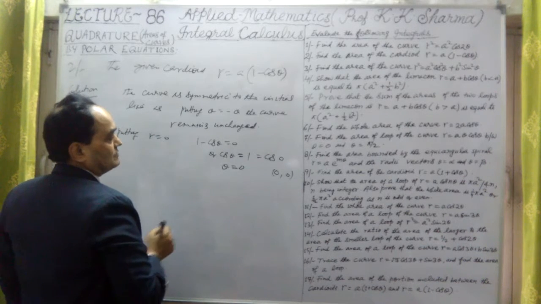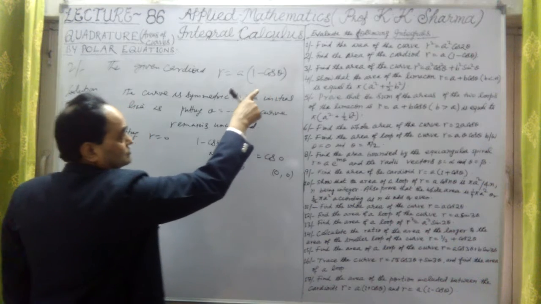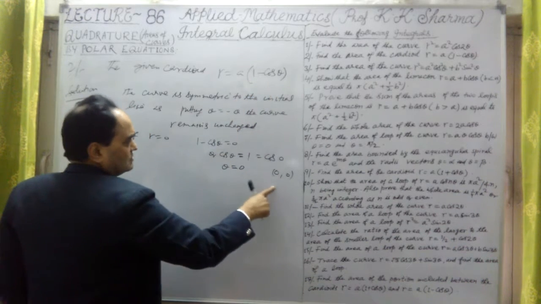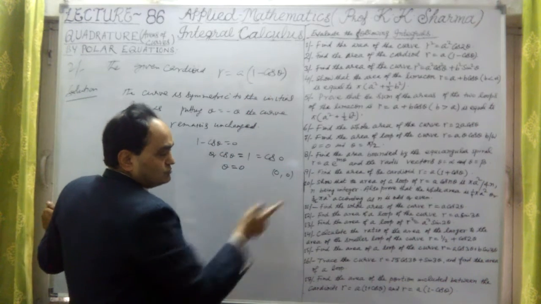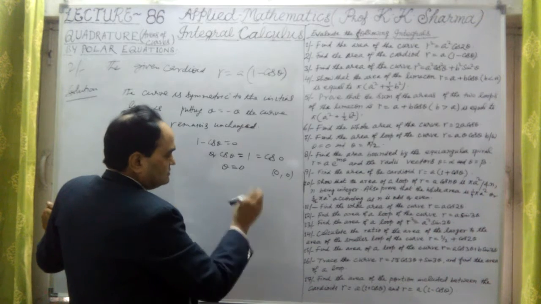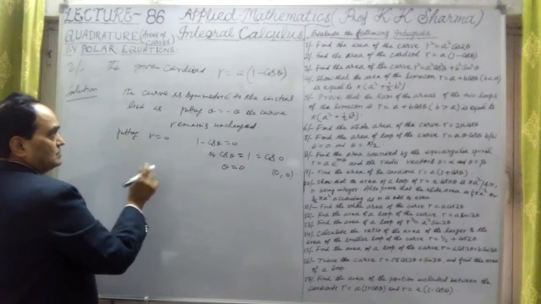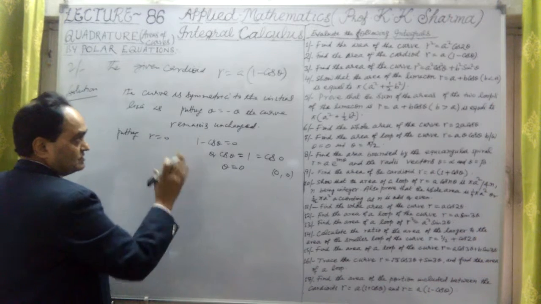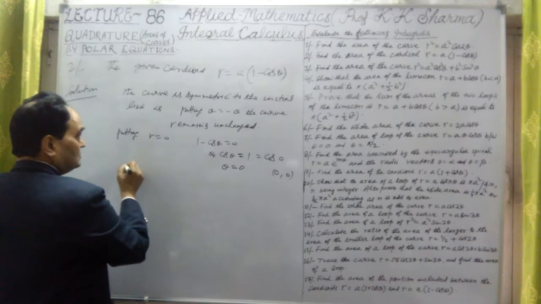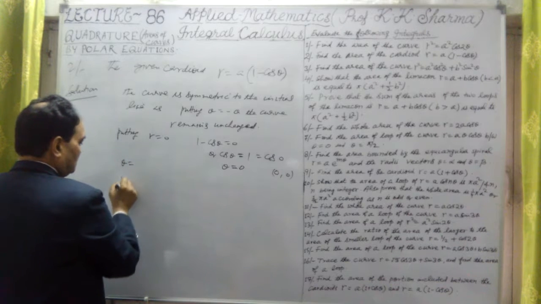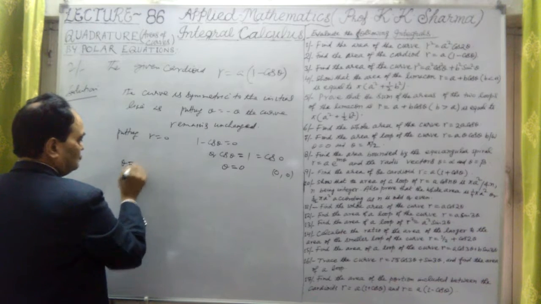Now we will take theta from 0 to pi. Let me take some points in a table, putting theta equal to something and finding out what r comes out to be.